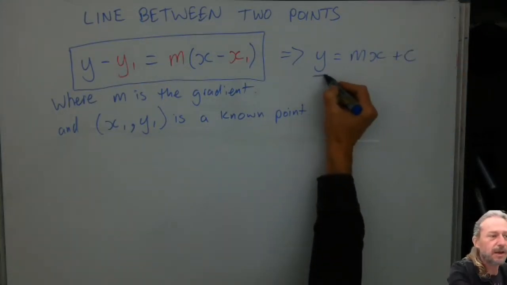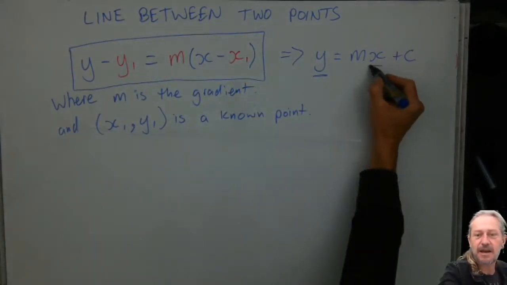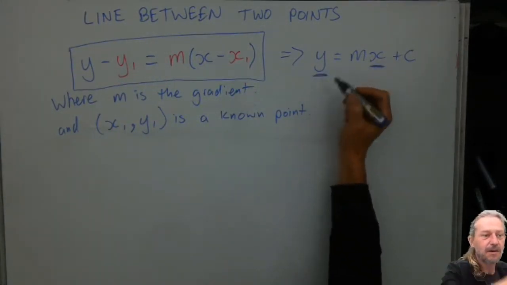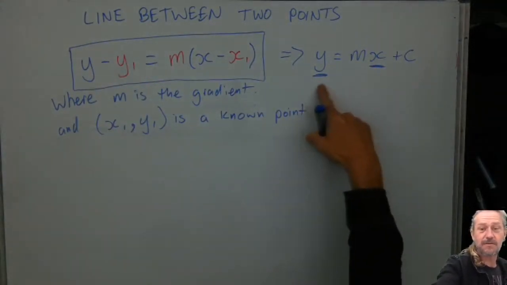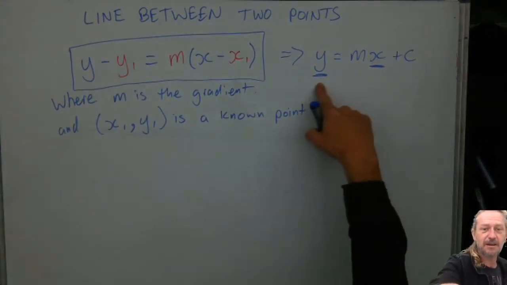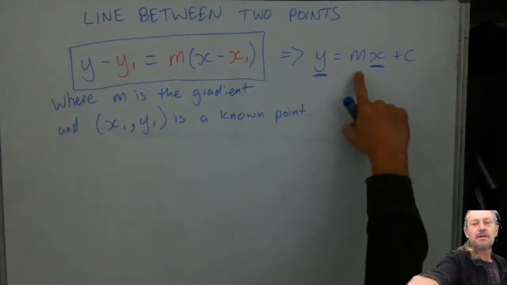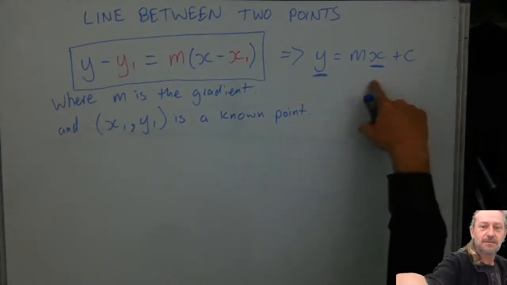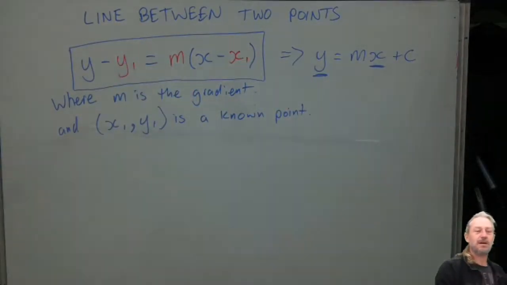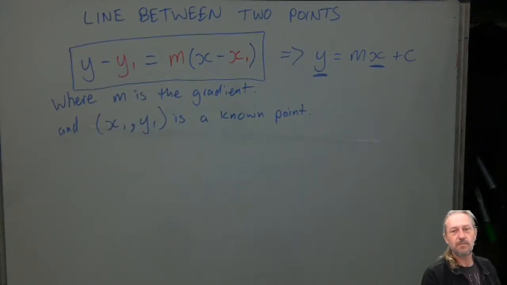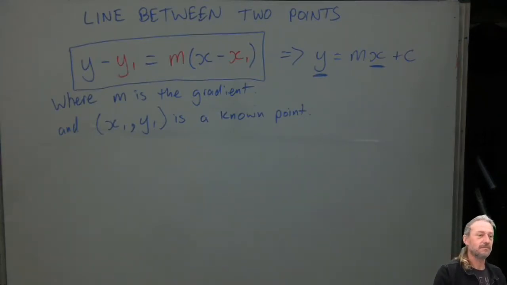So the blue x and y in this equation is that x and y there. These are the x and y that we're going to still have in our equation at the end. The m and c, the gradient and the y-intercept, are the things that we're going to work out with our point and gradient.